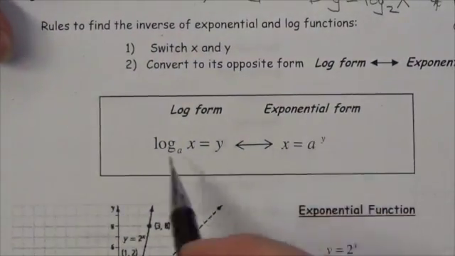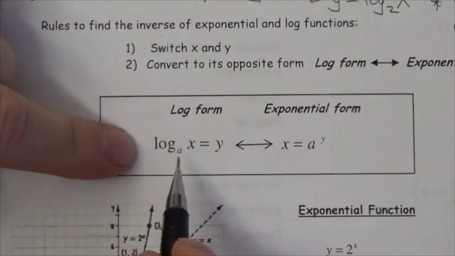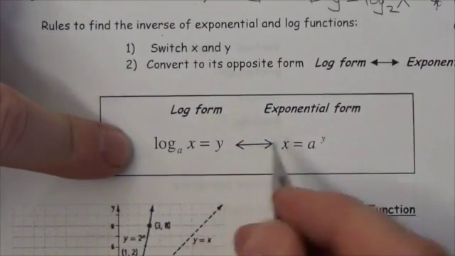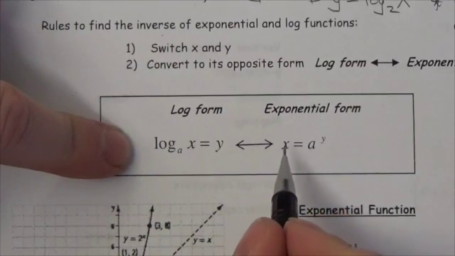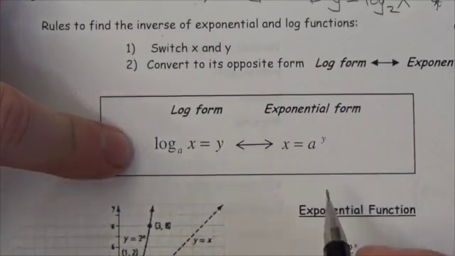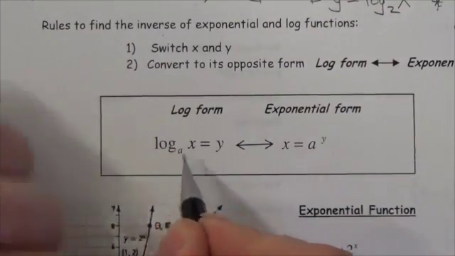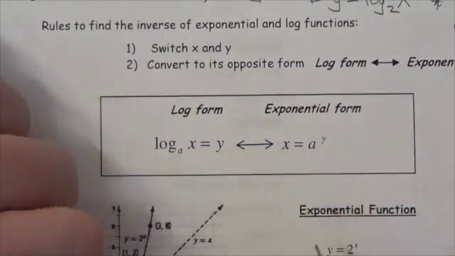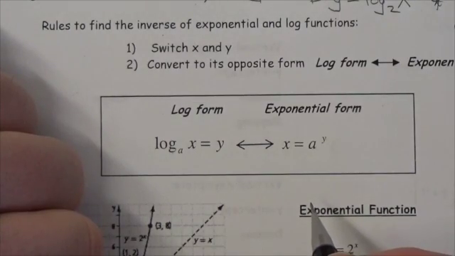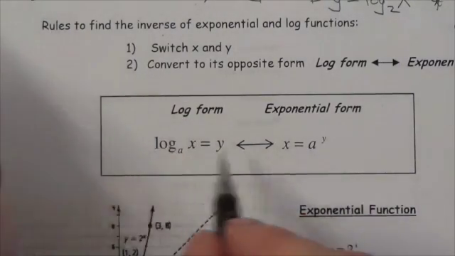You're going to see our different forms here. So the log base a of x is equal to y means the exact same thing as x equals a to the y. Just notice the comparison between them. The base of the logarithm is the same as the base of the exponential function when I'm converting between forms.